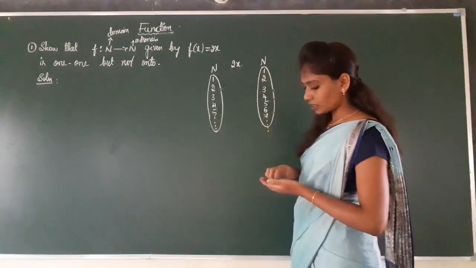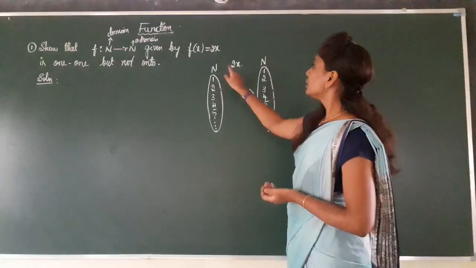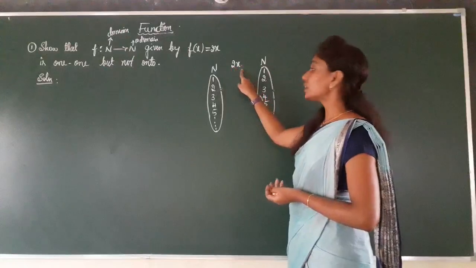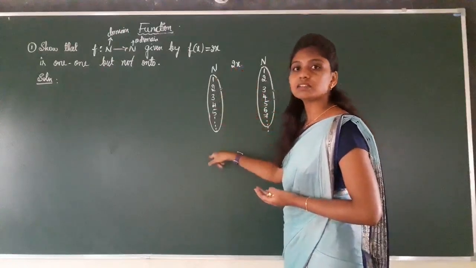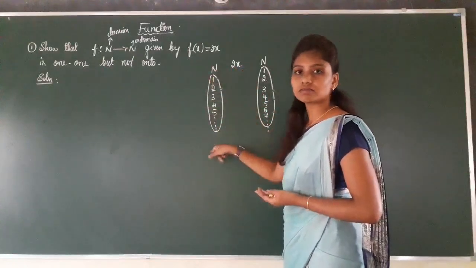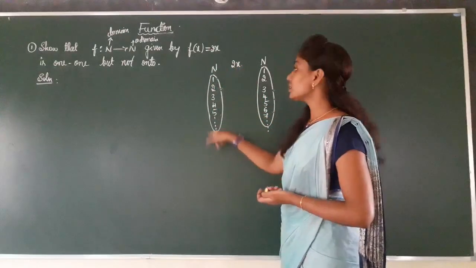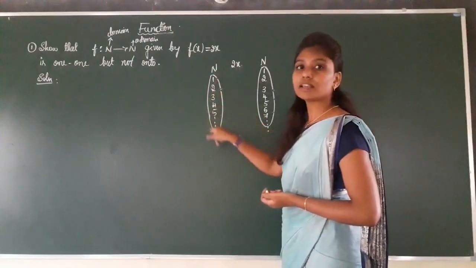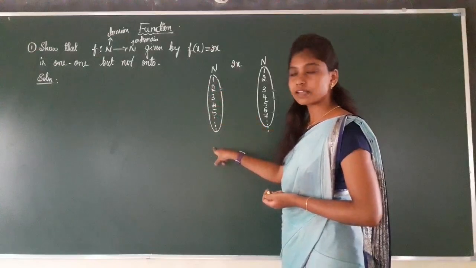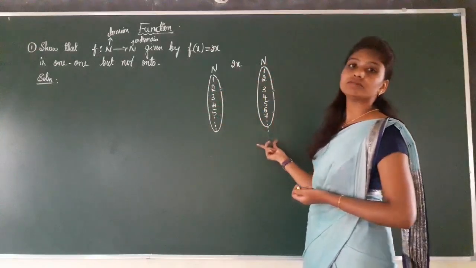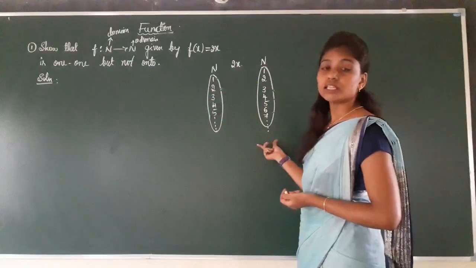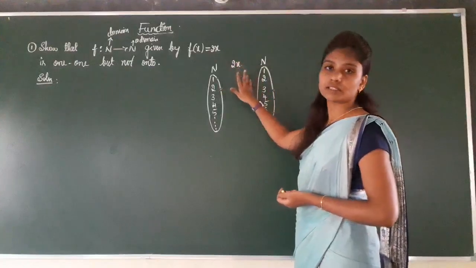So here observe that the function is 2x. These are all the elements of the first set, small letter x. These are all f of x values, where f of x is equal to 2x.